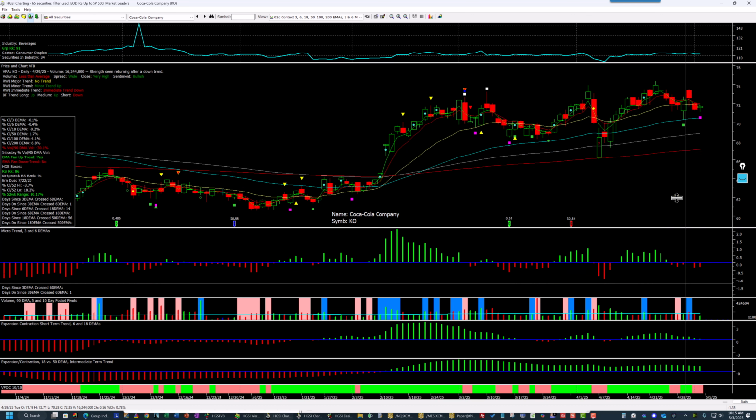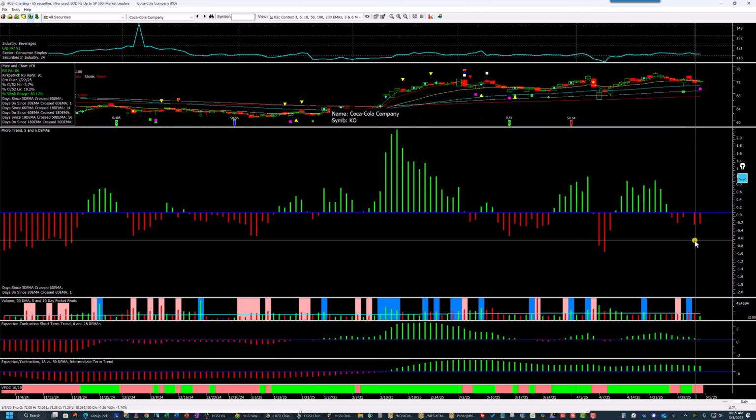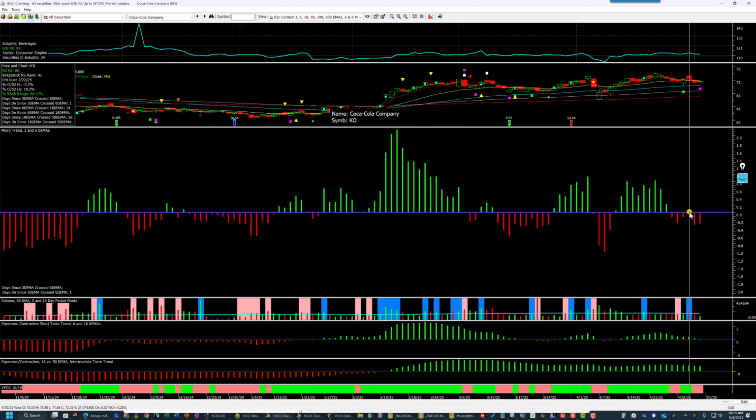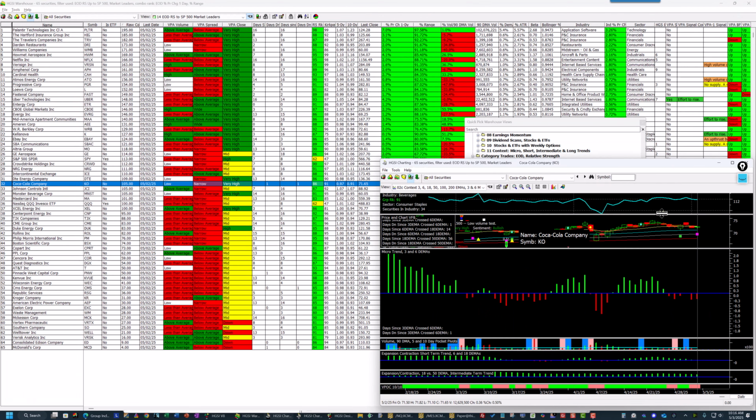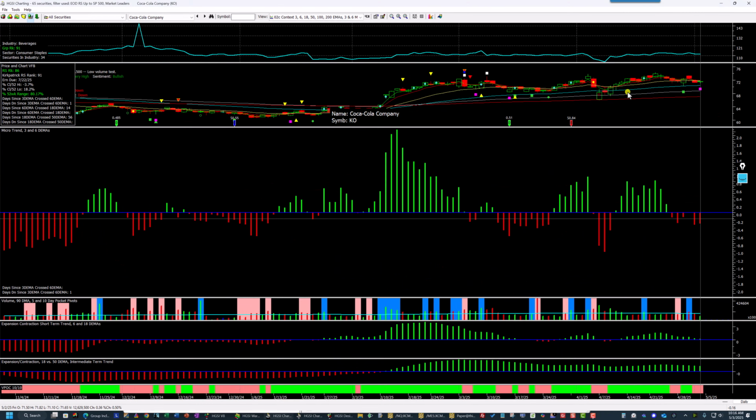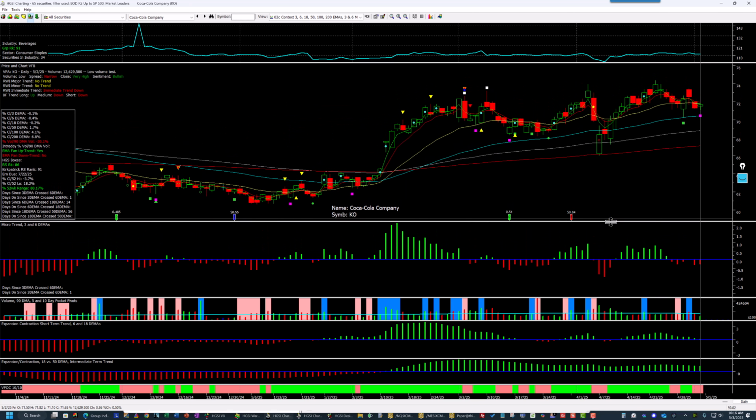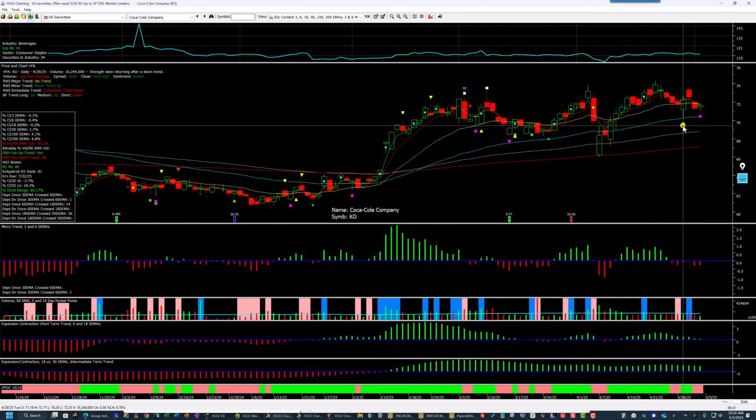It didn't cross over here, crossed down here actually, didn't get back above it, but it looks like it's holding strong here. Here's a strength seen returning, and then a low volume test. If this market holds together, this might be an opportunity with this stock.